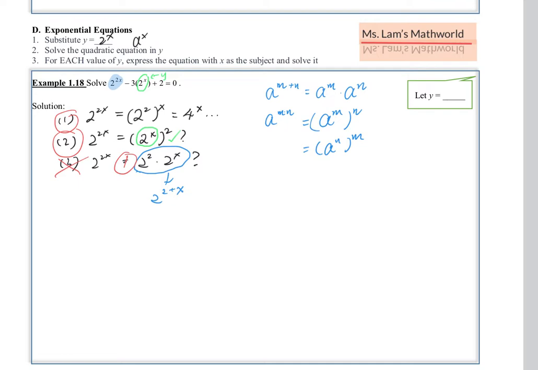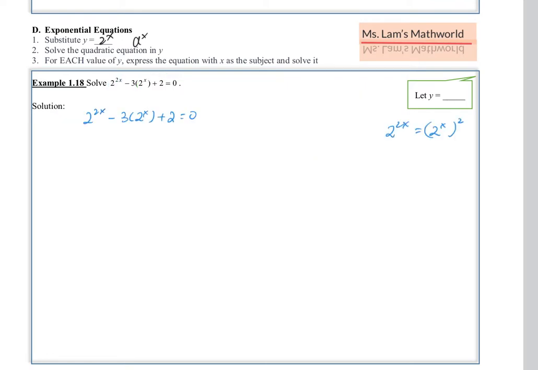Anyway, so let's start the calculation. So step 1, when you got a question, figure out the term we have to substitute, that means the y here, which is 2 to the power x. Then, of course, we have to check if the first term is able to change to the format of square. Okay, so we have the square, 2 times x, right?